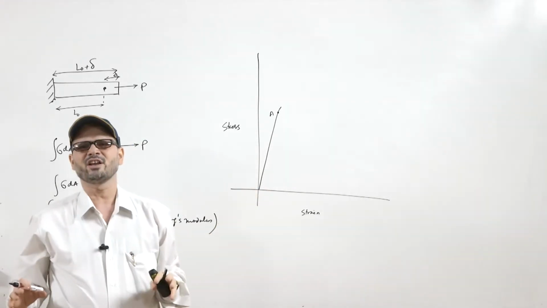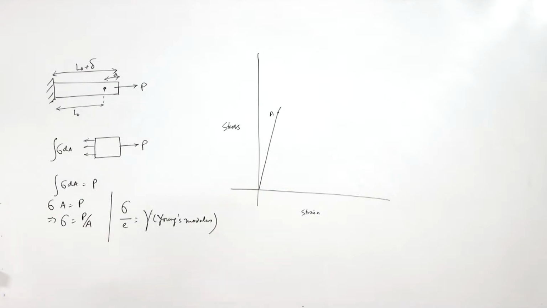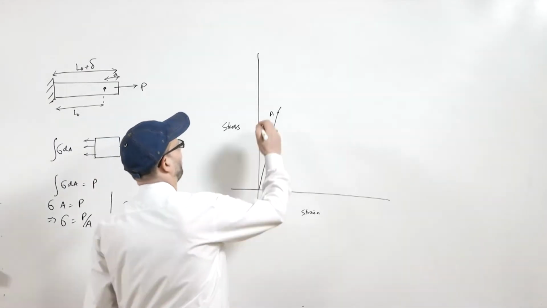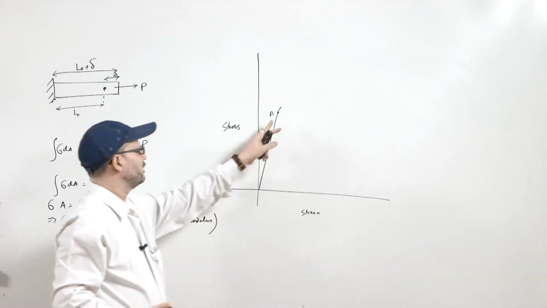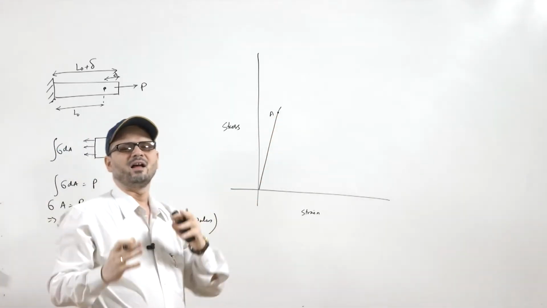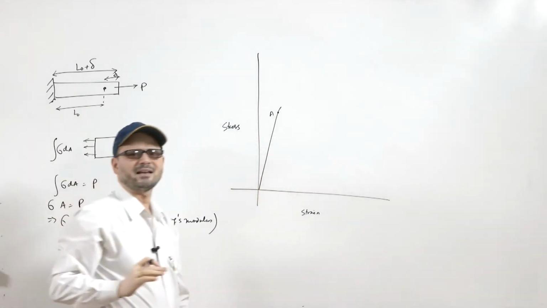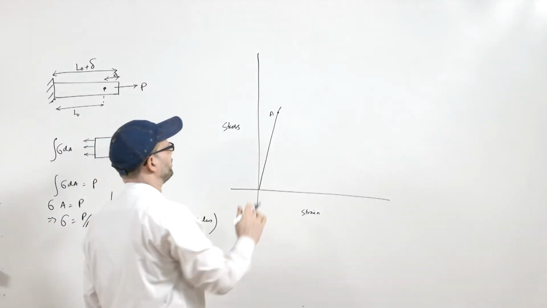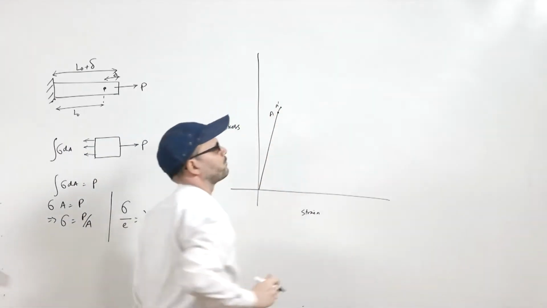You do not have any permanent strain in the material. But the linearity does not hold, and Hooke's law will not apply. If you take the slope of this line up to this point, that will be the modulus of elasticity. So, this point is known as the elastic limit.